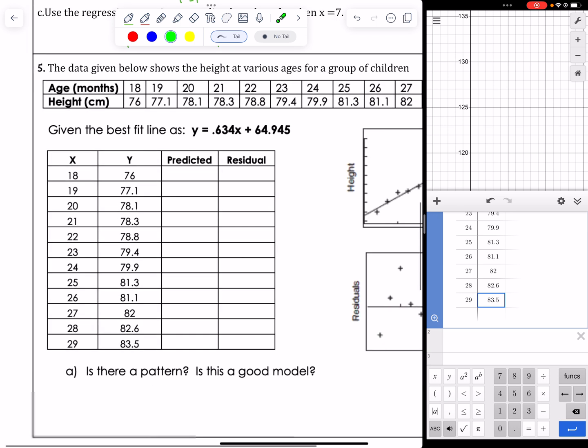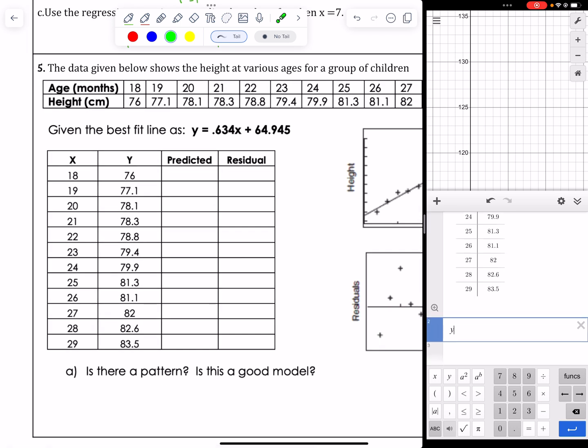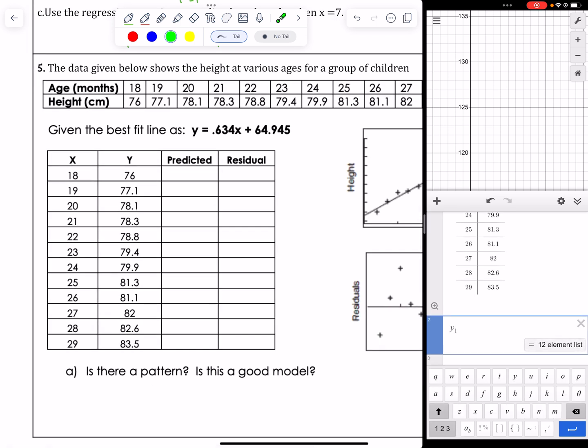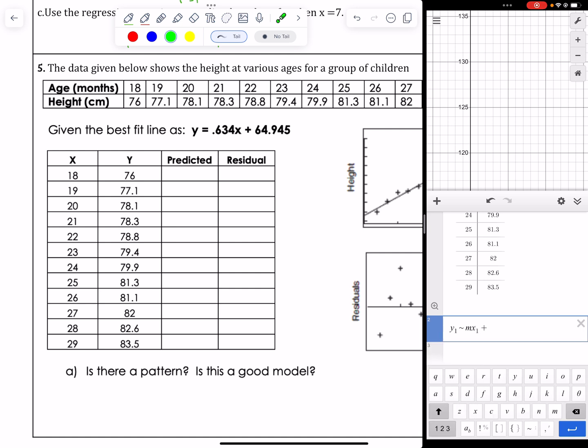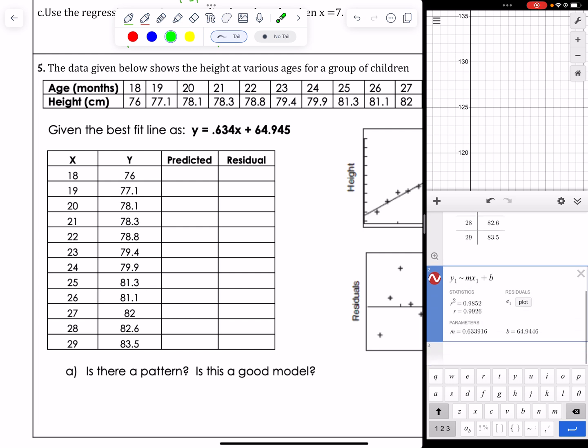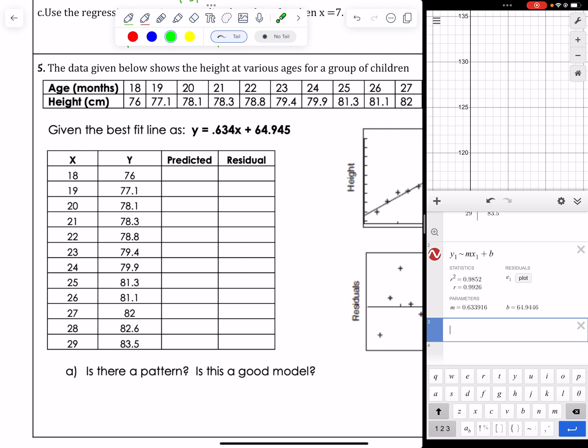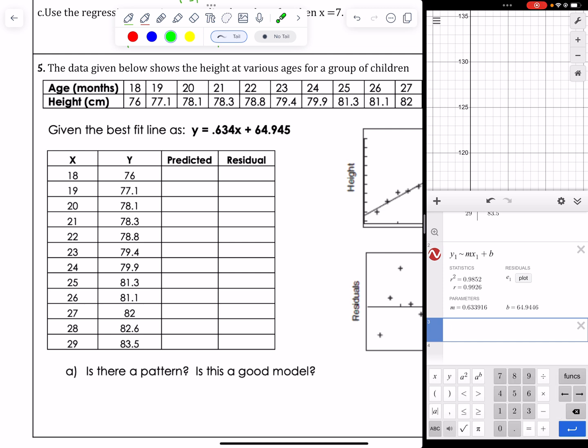All right, I got that. And then I know it's linear, so I'm going to type in y sub 1 is approximately mx sub 1 plus b, and get the linear equation, which should just match what they've already got over here. And it does. So then I can find my predicted values. So I'm going to type in that equation now.